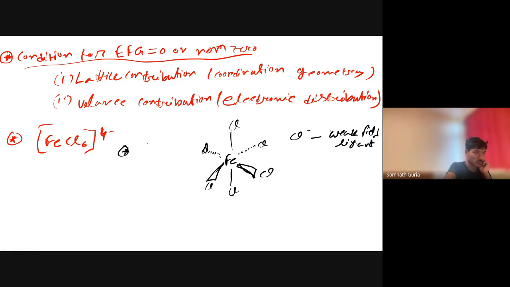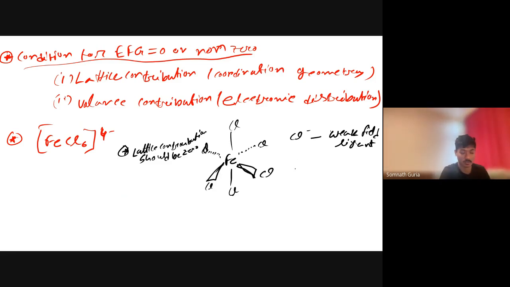Initially, all the Cl are similar, so it's spherically oriented or octahedrally coordinated, and in every direction the Cl is similar. So initially we can guess the lattice contribution should be 0, but we will not get a 0 lattice contribution.